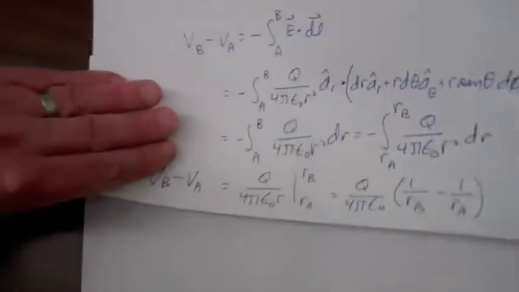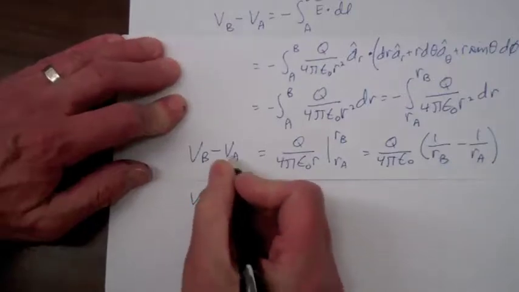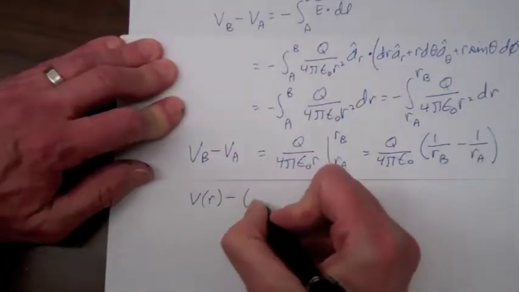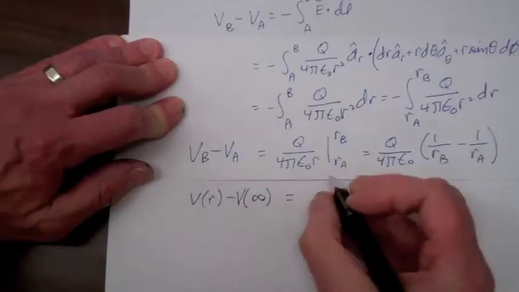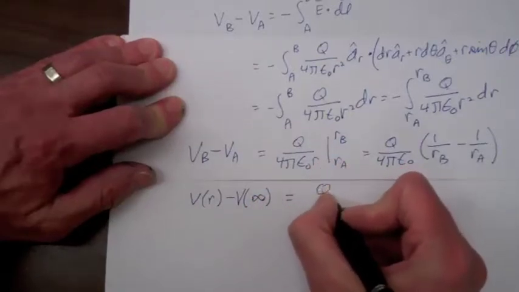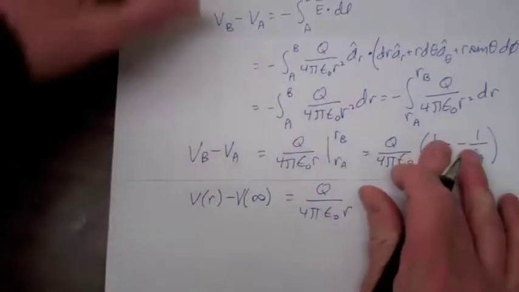So what we have is V sub B, our potential at location r, minus V at A, our starting point at infinity, and that's going to equal Q over 4 pi epsilon sub 0 times r.